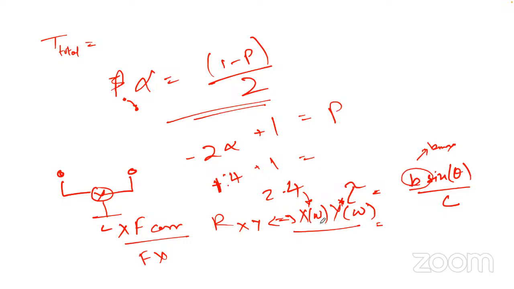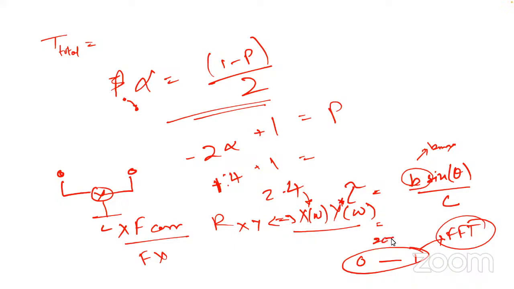Now these are the concepts. When you actually do it, say you take 0 to 1 second of data, and for this 0 to 1 second of data you calculate the FFT, based on the sampling speed you are using. Suppose you have 2000 data points, then the Fourier transform will be of 1000 data points.